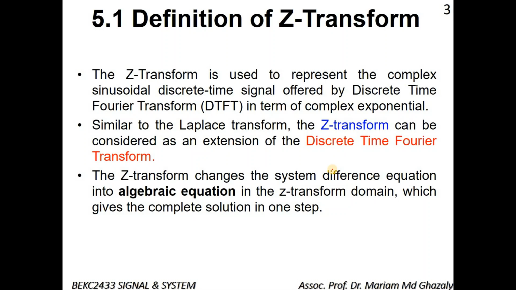So when you convert it into the complex exponential, then we use it as the Z transform method. Similar to the Laplace transform, the Z transform can be considered as an extension of the discrete time Fourier transform. You have learned Laplace transform in the control subject.